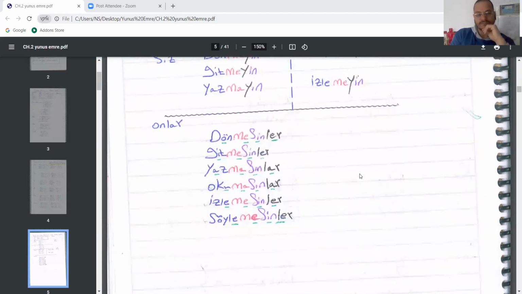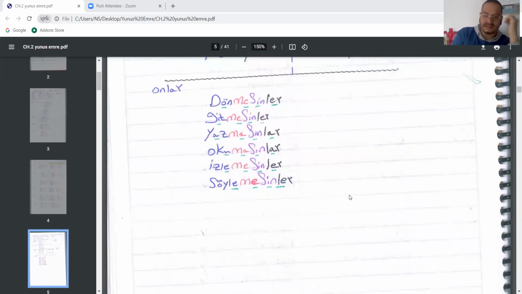With onlar, the situation will be different. Similar to o plus ler or lar. That means the simple verb with ma or me and s delta n plus ler or lar. To be dönmesinler, gitmesinler, yazmasınlar, okumasınlar, izlemesinler, söylemesinler.